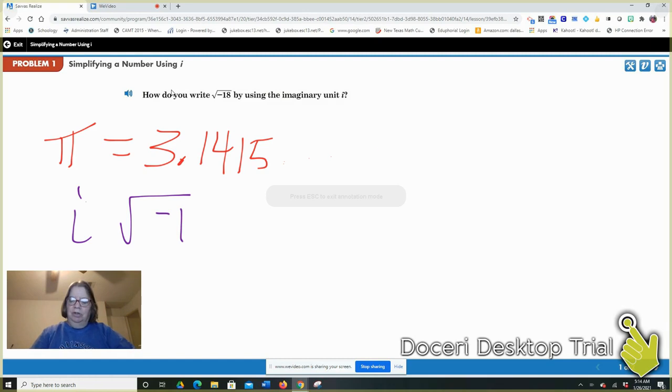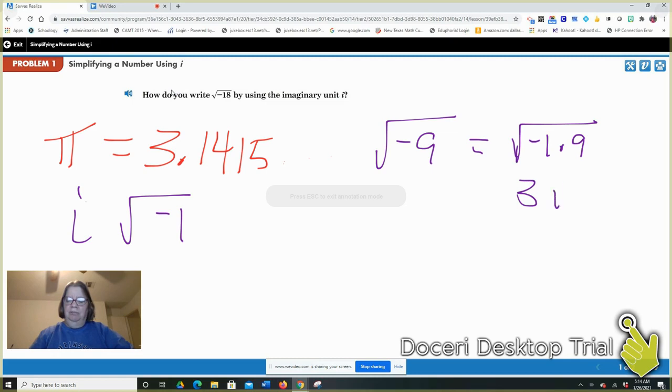So when we had that square root of negative 9, that means negative 1 times 9. Square root of 9 is 3. The square root of negative 1 is the i. If we had the square root of negative 4, that would be, we need our little plus or minus, 2i.